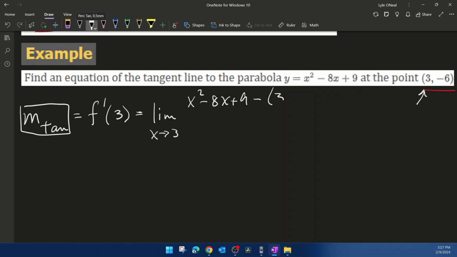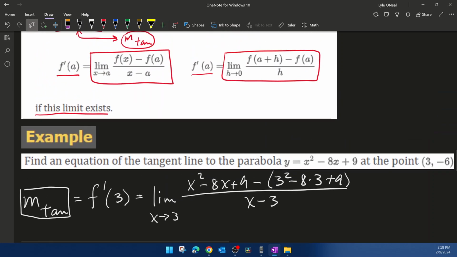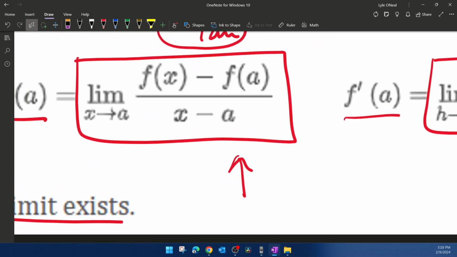So that'll be 3 squared minus 8 times 3 plus 9, all over x minus a, which in this case is 3. Did you notice that I am using this first formula? I tend to use this particular formula when you're trying to find the slope of the tangent at a point.